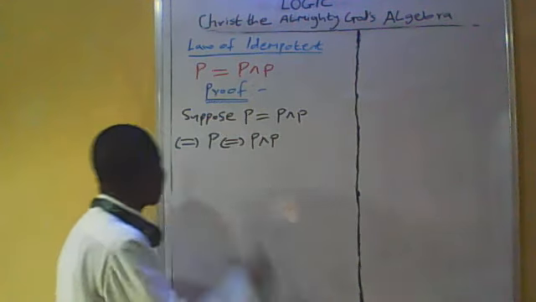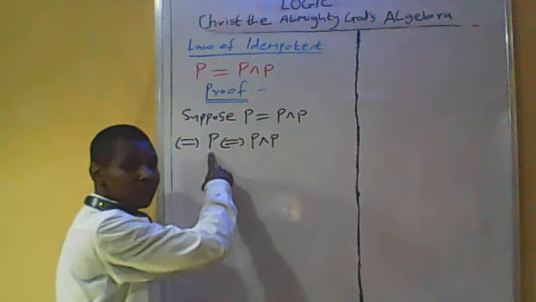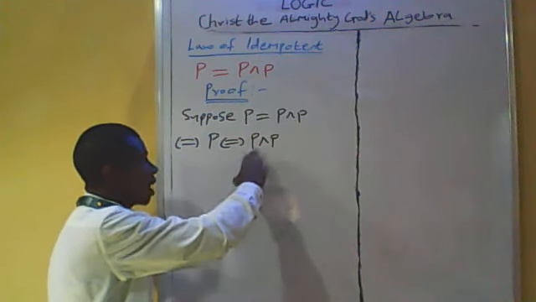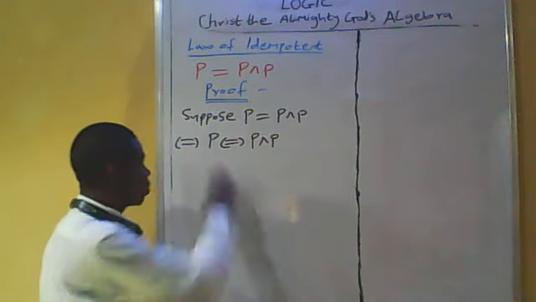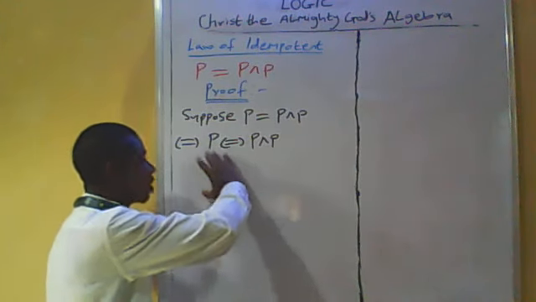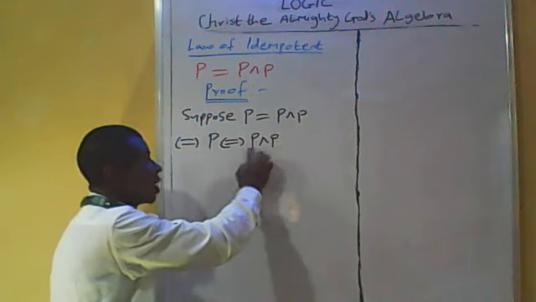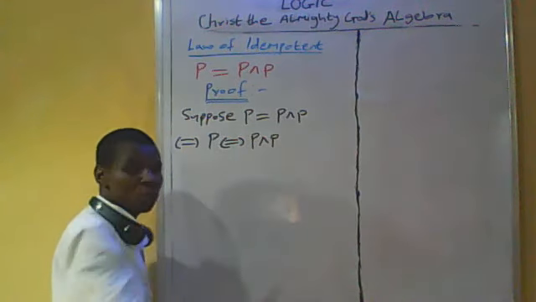And you can find out that whenever this P is true, also P and P must also be true. What I mean is P, I mean the left equivalent, whenever it is true, also P and P, which is the right equivalent, must also be true.